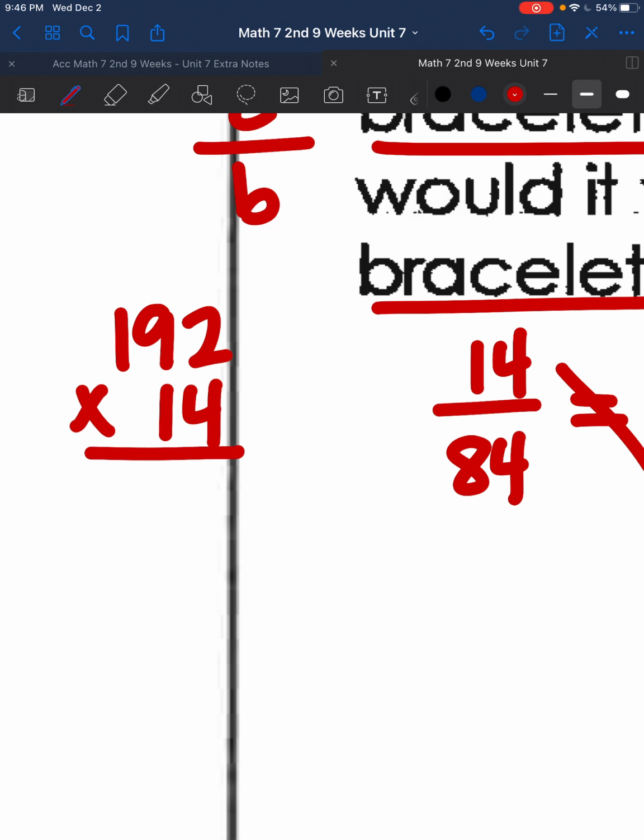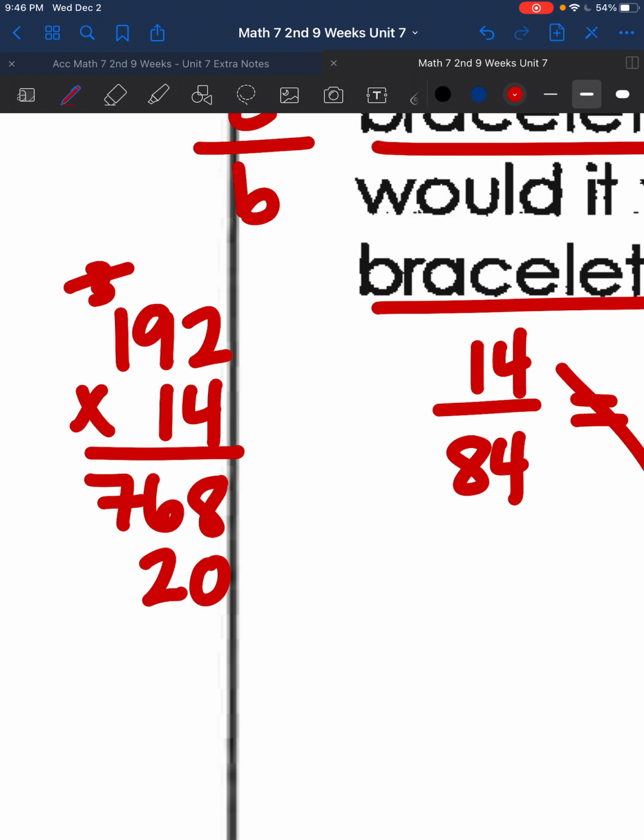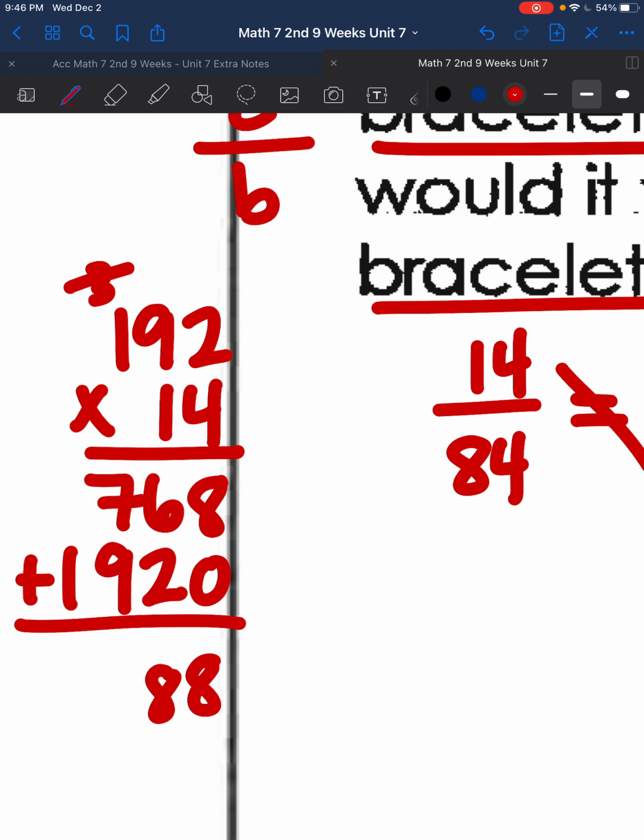So now I'm ready to multiply. So 14 times 192. I don't know that off the top of my head. So 192 times 14. 4 times 2 is 8. 4 times 9 is 36. 4 times 1 is 4, plus 3 is 7. Now I place a 0. 1 times 2 is 2. 1 times 9 is 9. And 1 times 1 is 1.